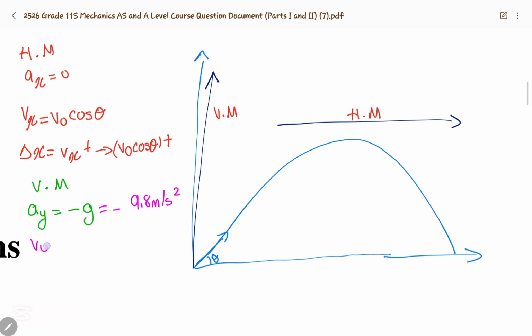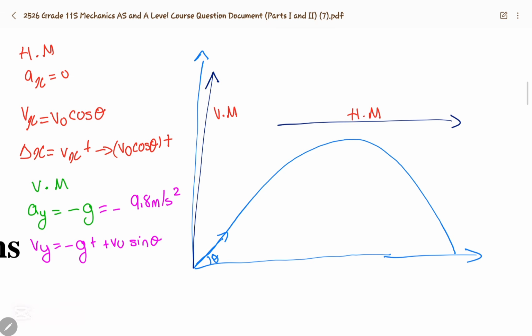Now, how do we find the velocity on y? Velocity on the y-axis does not stay constant, unlike velocity x. Velocity y varies based on the time. The equation to find velocity y is minus gt plus v0 sine theta.